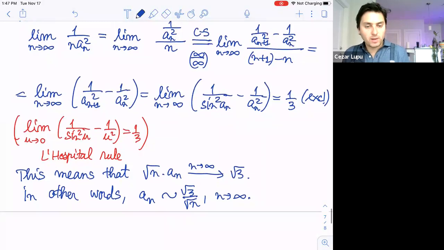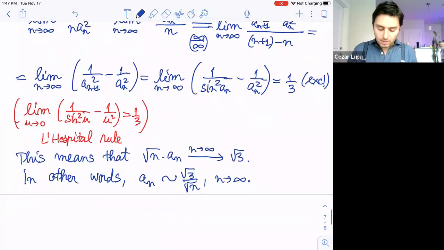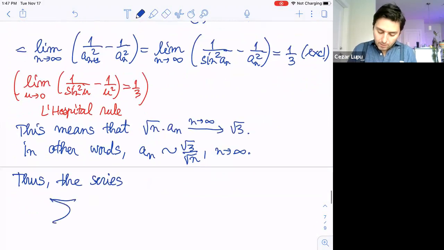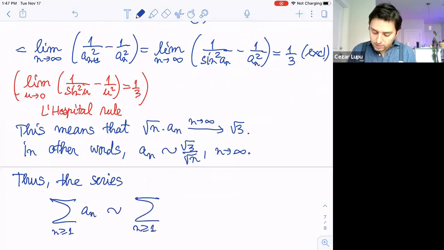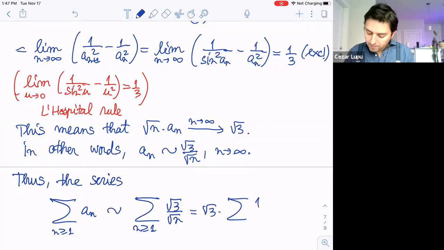And now it's quite clear what happens. So the series, the sum of a_n, will behave similarly as this guy here. Anyway, I don't care about the constant, just take it out. Look at this guy, 1 over n to the power 1/2.